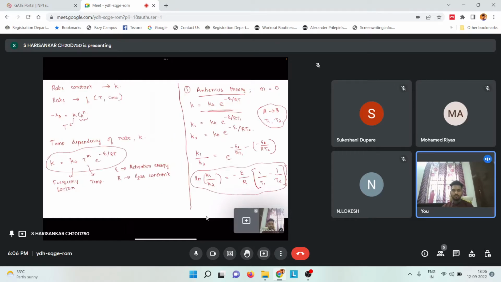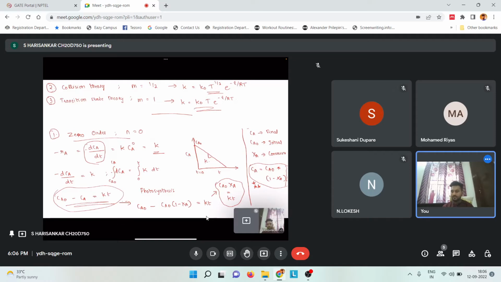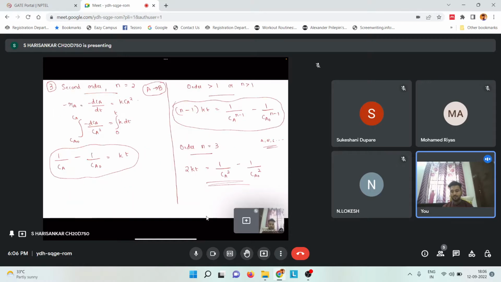And then we looked into the temperature dependency of the rate equation. We looked into the Arrhenius theory, and the other two theories are collision theory and transition state theory. Then we got on with deriving the general equations for rate of reactions for zero order, first order, second order, and so on.